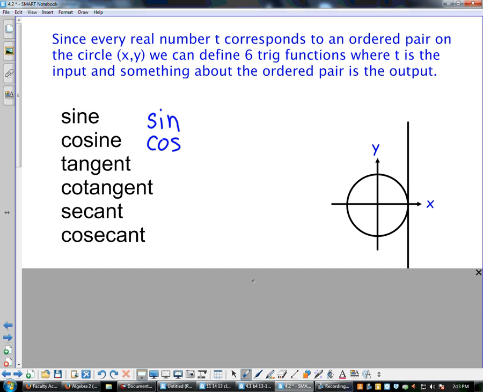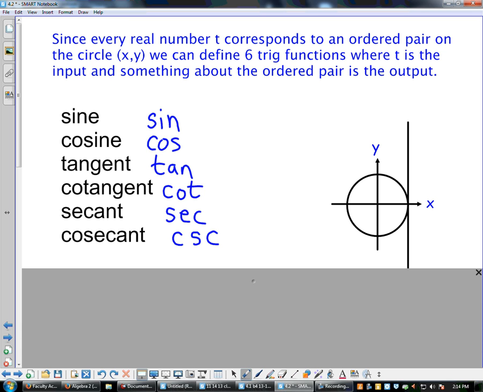Same thing with tangent, abbreviated T-A-N. We never say tan, we say tangent, but we write it T-A-N. Cotangent is written C-O-T, but it's pronounced cotangent. Secant is S-E-C, but it's pronounced secant. And cosecant is C-S-C. So those are the 6 trig functions.